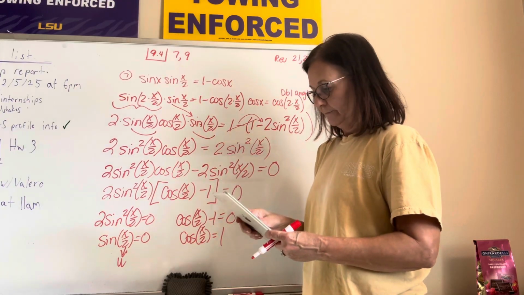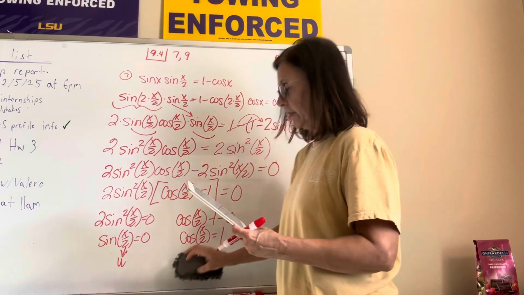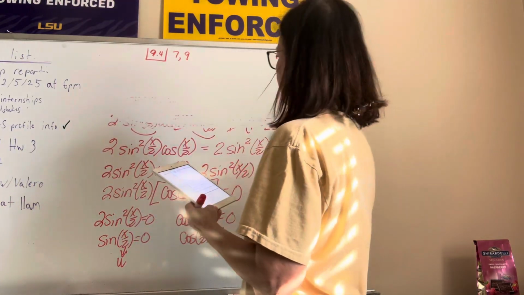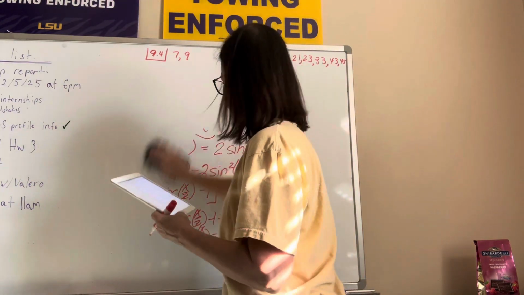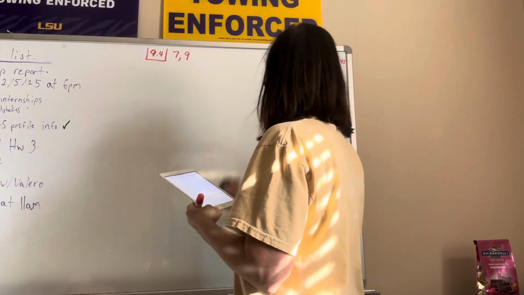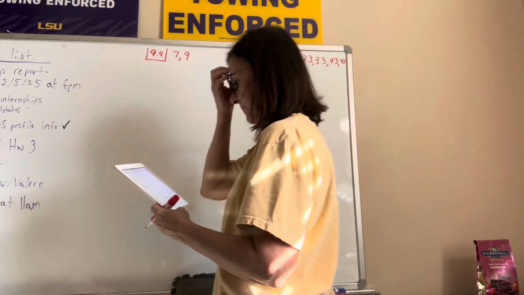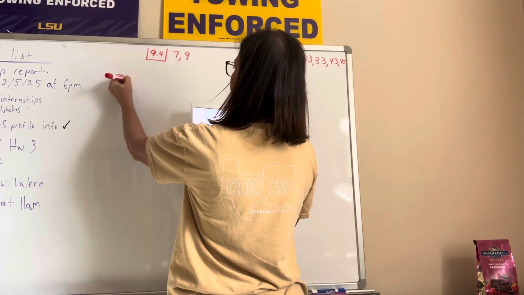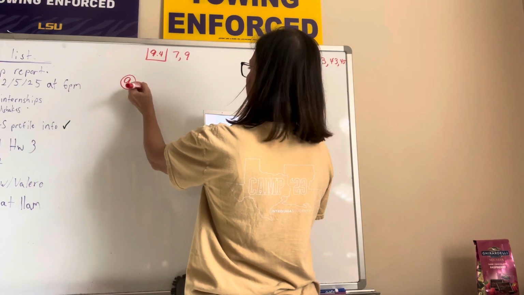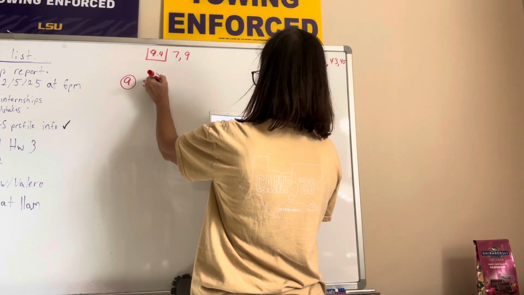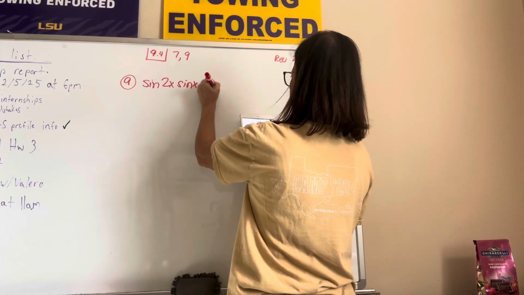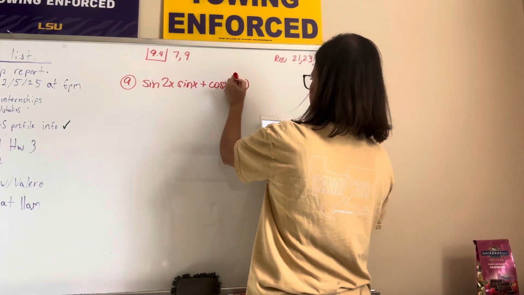All right, number 9. Number 9 feels a little easier because I immediately see a double angle that I can substitute in. All right, so number 9 is the sine 2x times the sine of x plus cosine x equals 0.